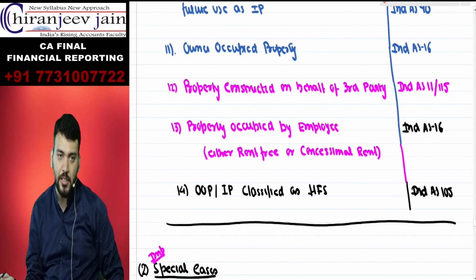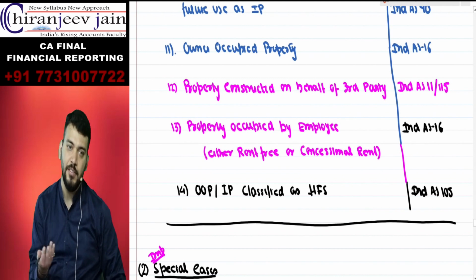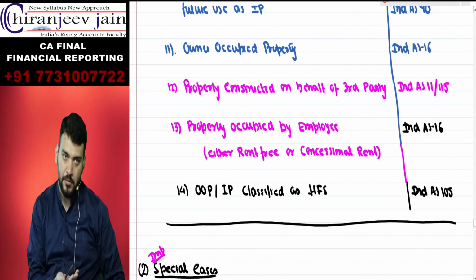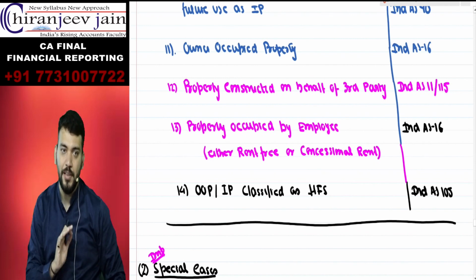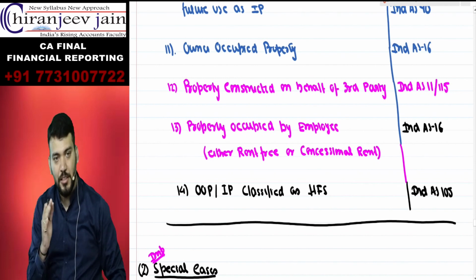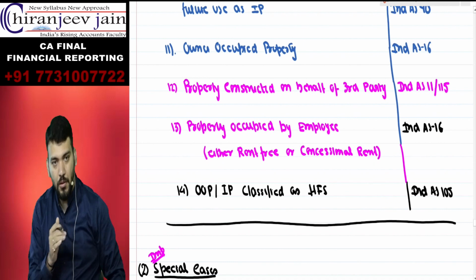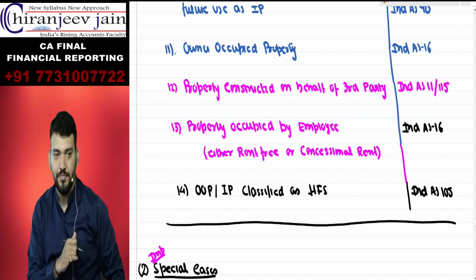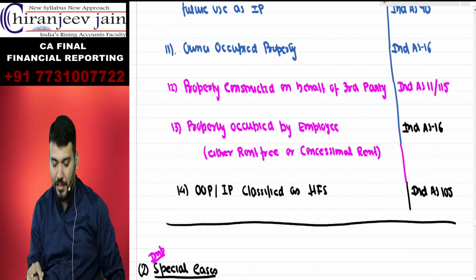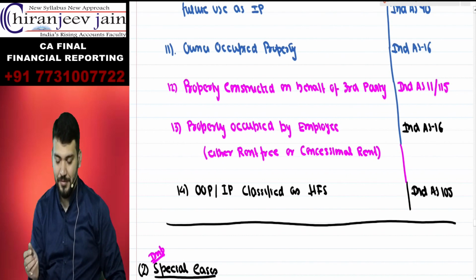Rent free accommodation or concessional rent. That property has not been given forever. Whether the property is given for lifetime to the employee. So this asset belongs to whom? Owner, the entity. We are talking about entity. We are not talking about rent. We are talking about property.